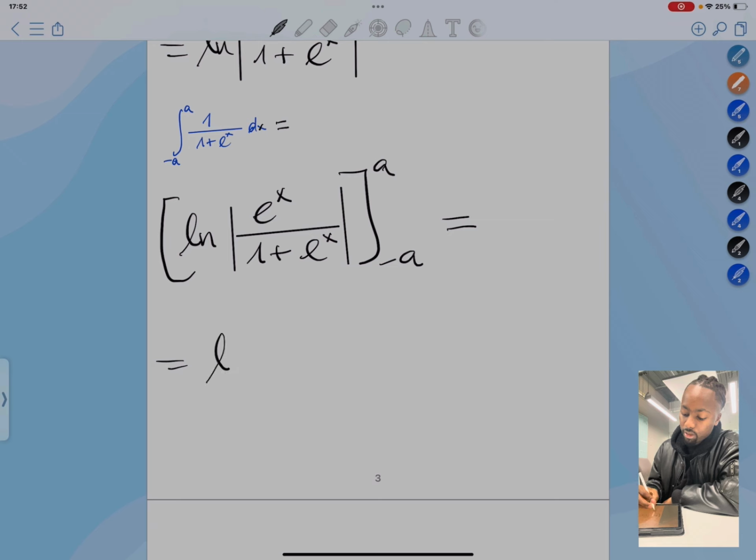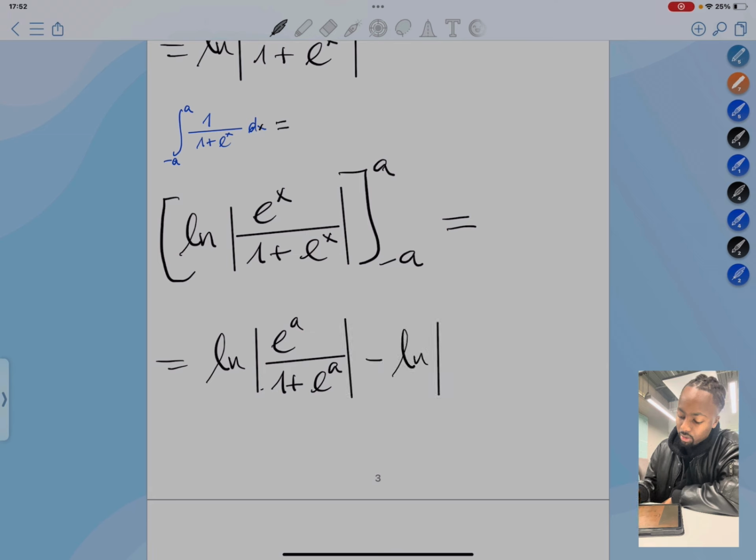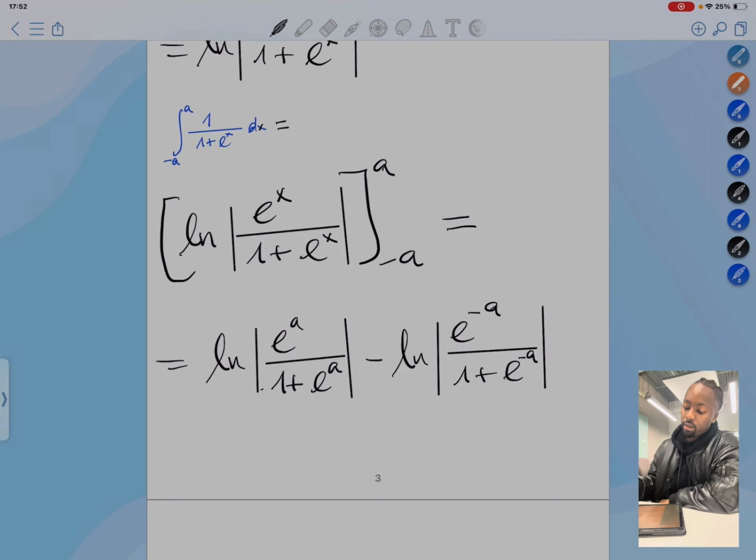So this would give us ln of e to the power a over 1 plus e to the power a, minus the natural log of e to the power minus a over 1 plus e to the power minus a.